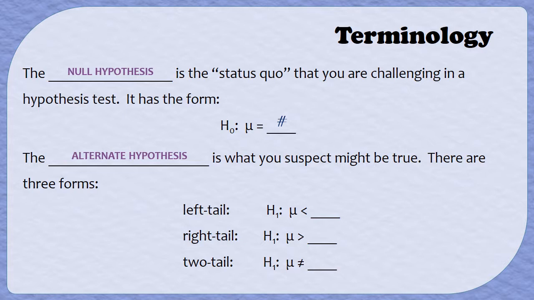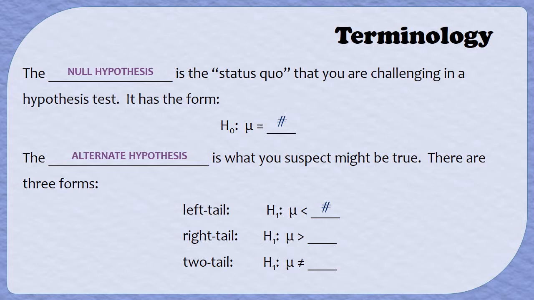Men are actually shorter than that. So I would choose this first form of the alternate hypothesis, the left tail, and I would have mu is less than some number. Notice that for the alternate hypothesis, we have an H1. So if 0 is the original null hypothesis, the next one is H1. Sometimes you'll see an HA for alternate, so that's another notation that is used.